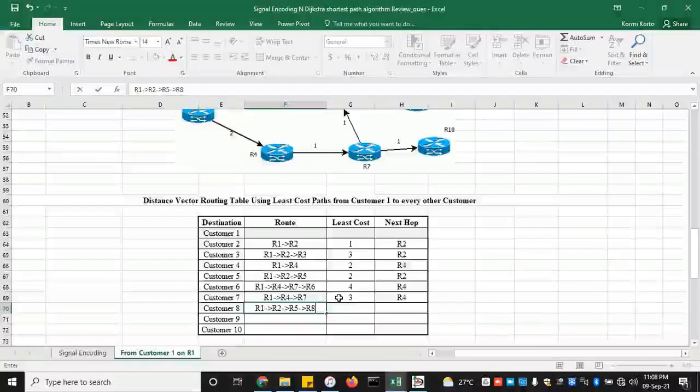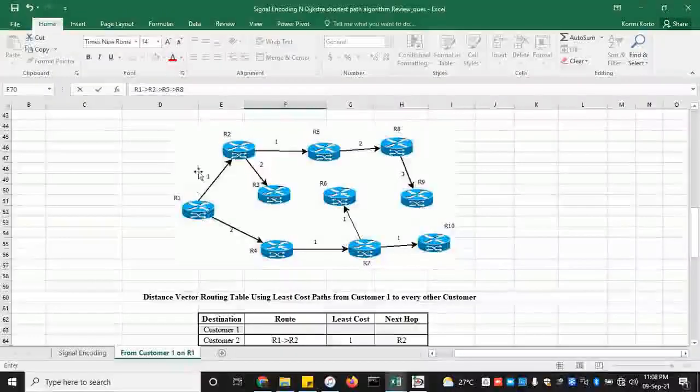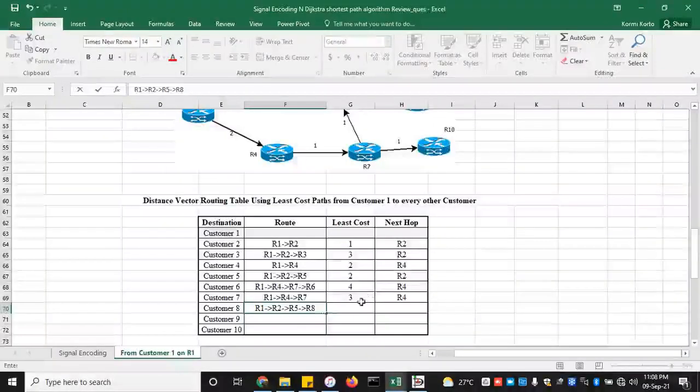And how was the cost involved again? 1 plus 1 plus 2, 4. And our next hop was R2.